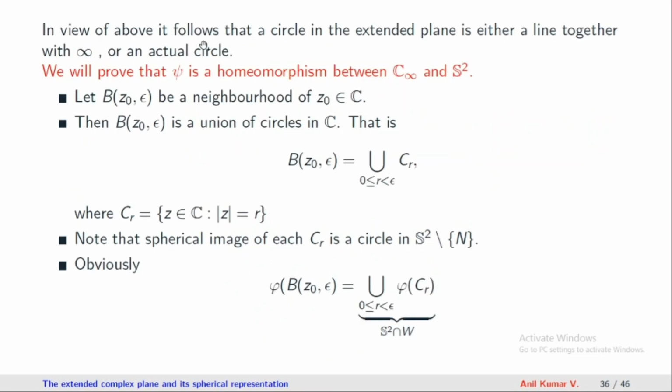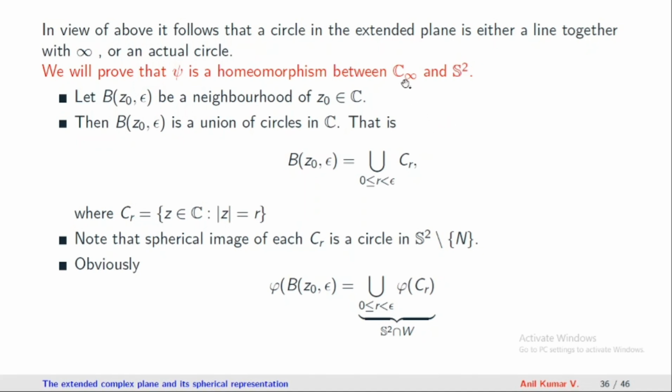So in view of the above theorem, it follows that a circle in the extended plane is either a line together with infinity or a natural circle in C. And we will prove that the spaces C infinity and S2 are homeomorphic.